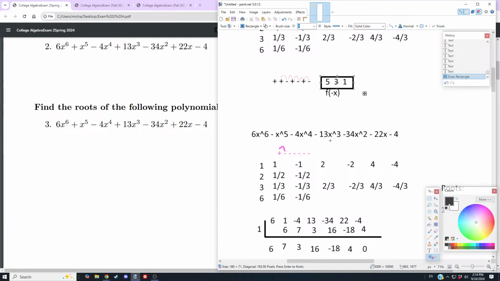On the other hand, there's only 1 negative root. We know that there's 1, 3, or 5 positive roots, and there's only 1 negative root.